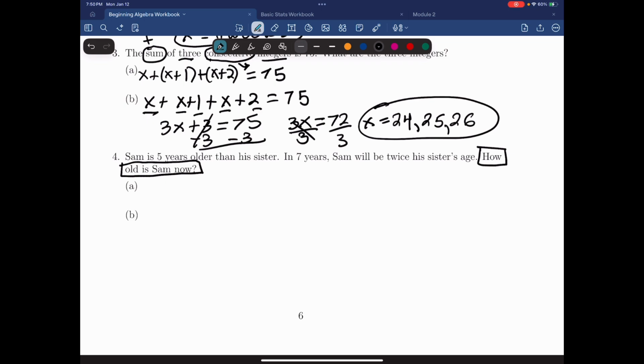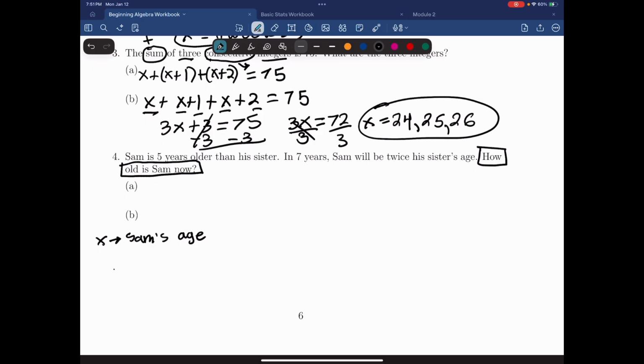So we know the question is, how old is Sam now? So let's next start off by defining what the variable x means. So I'm going to say the variable x is Sam's age right now.